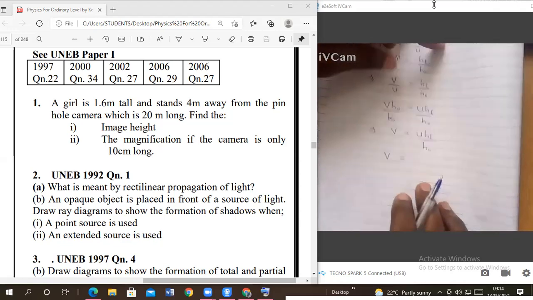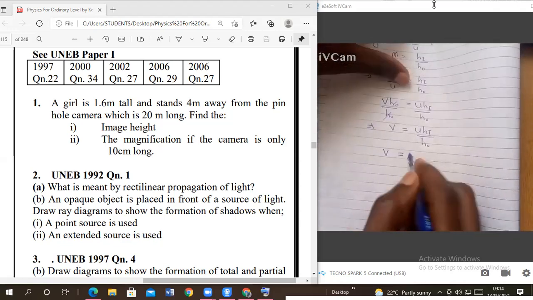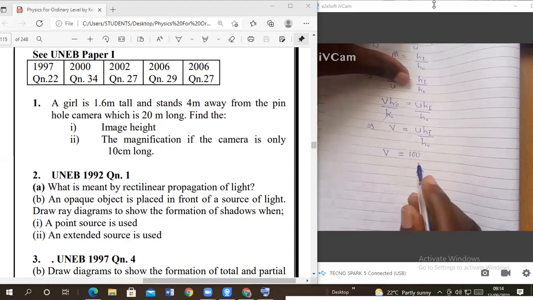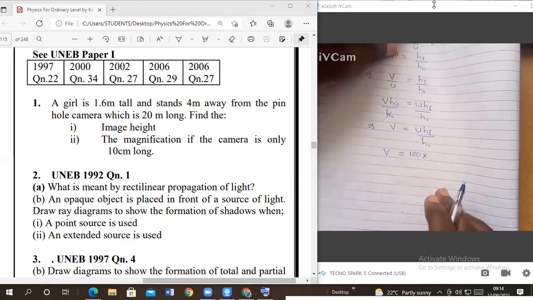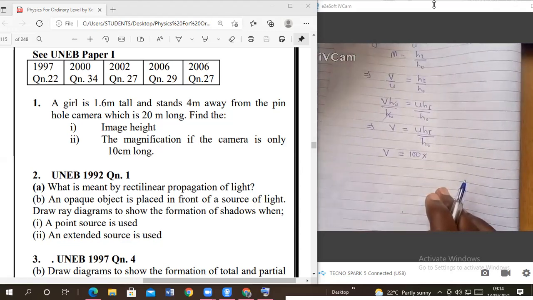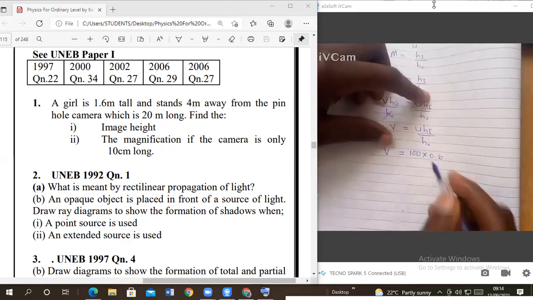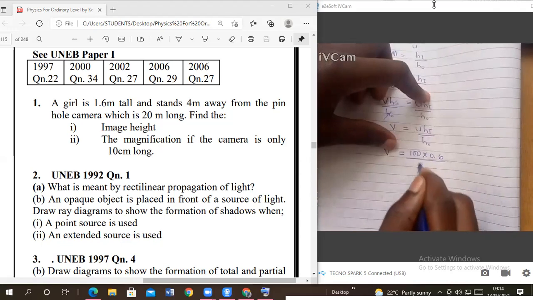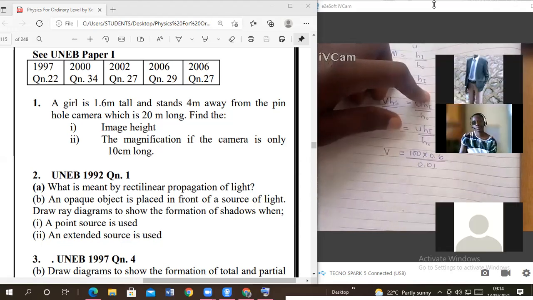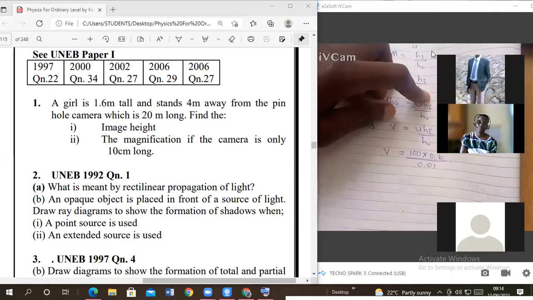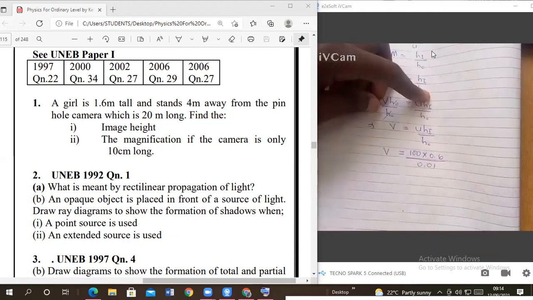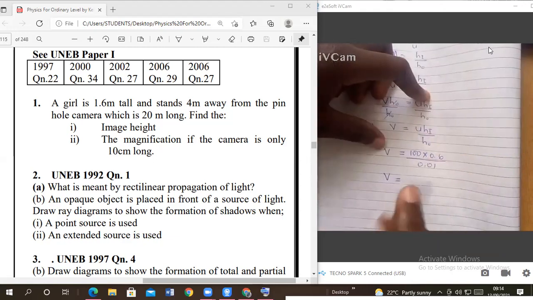V is equal to, what is our U? Our U is 100 times, what is our image height? Image height is 0.6, divided by 0.01.